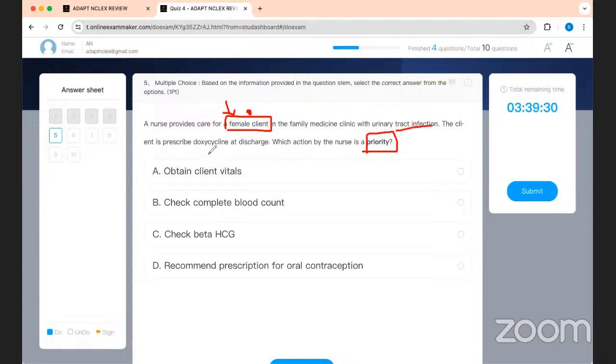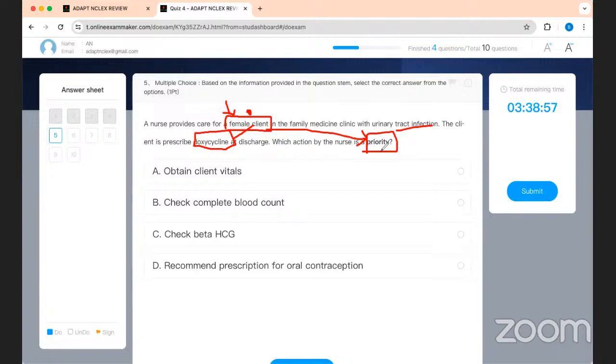This is the buzzword. Then priority. That's what I want you to focus on. The UTI doesn't matter. I give you doxycycline. So there are 3 things you have to connect: female client, doxycycline, priority. What do you think I'm trying to tell you? I never gave you an age, which means female is a buzzword.